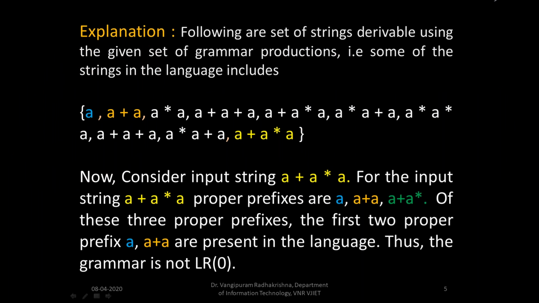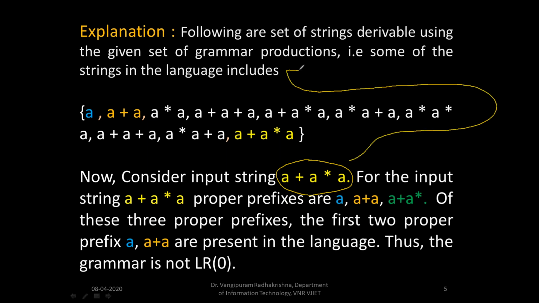So coming back to this one, all possible prefixes for this string were identified as A, then A plus, then A plus A, and A plus A star. And finally, you have discarded A plus A star A just because it happens to be the string itself.